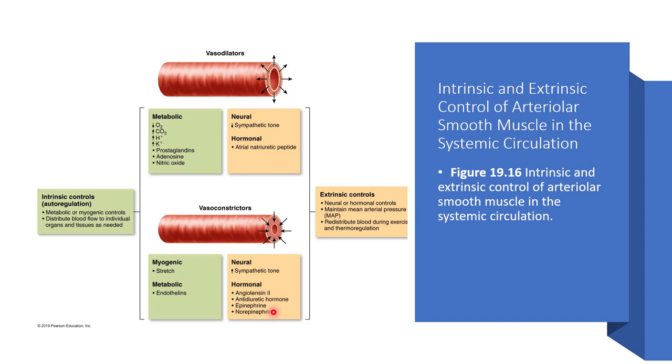Like angiotensin 2, antidiuretic hormone, epinephrine and norepinephrine, they all increase blood pressure because the effect of these hormones is to vasoconstrict. All right. And then in the intrinsic control, both myogenic and metabolic control can also cause vasoconstriction.